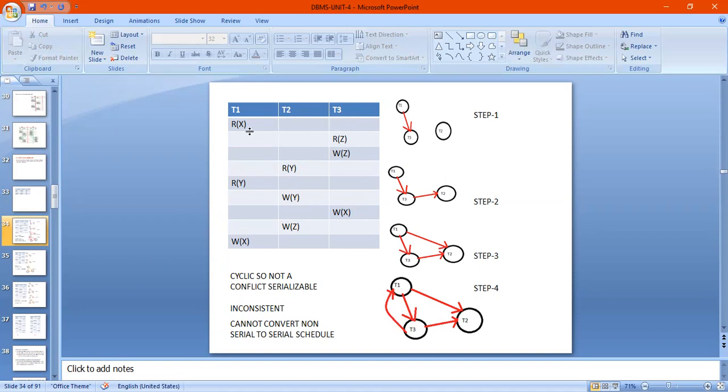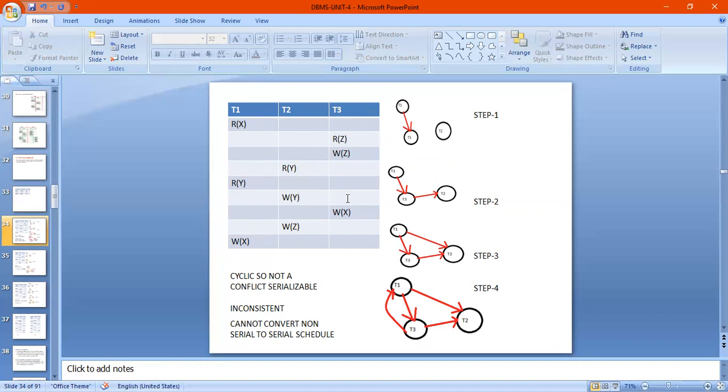Okay. Next, here read of X, T1 and T3 nothing. The second time slot, T1 and T2, read of Z. Again, in the third slot, T1 nothing, T2 nothing. Transaction of write is going on. Here in T1 nothing is there. T2 read of Y and no transaction. Here read of Y, nothing and nothing. Here T1 nothing.